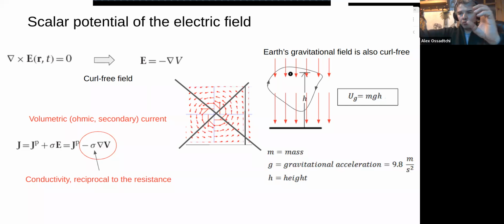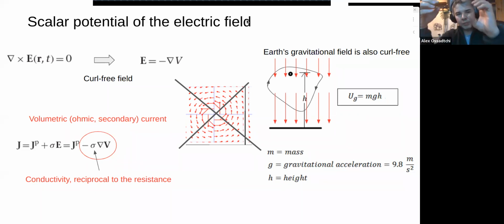So when you move, you will have to do some work, because you will be going against the field lines. The same as in the gravitational case, you will be going upward against field lines, and when you're going downward, you are going along the field lines, and the field is helping you, right?